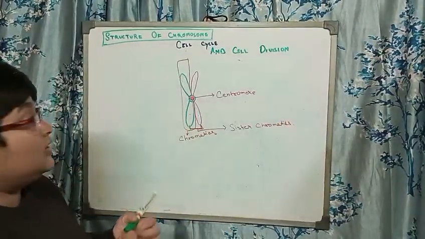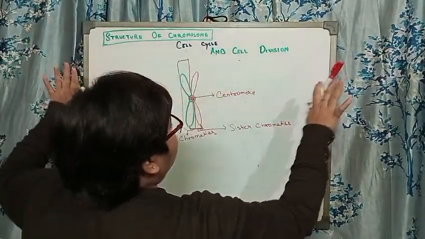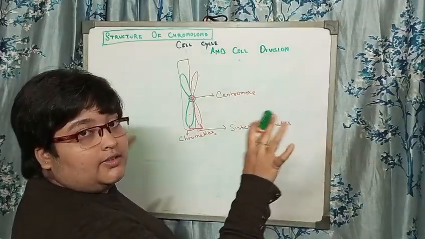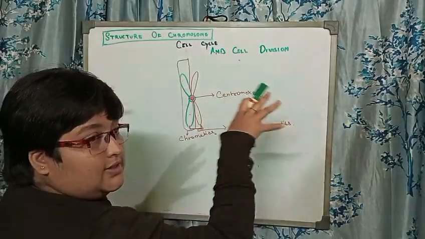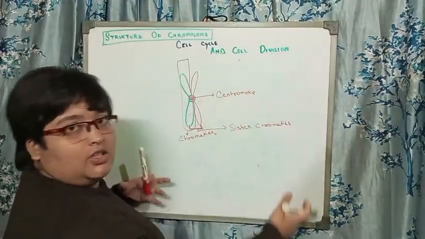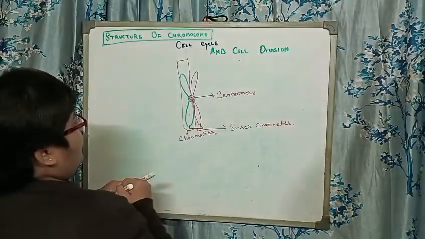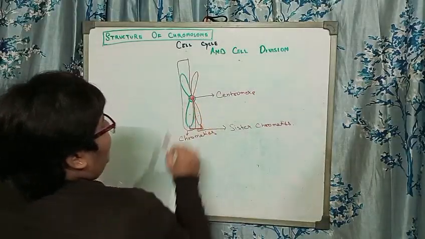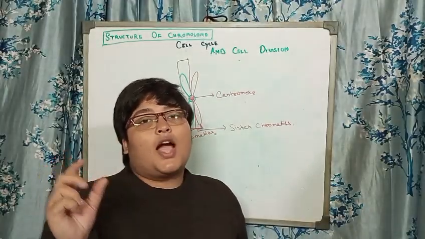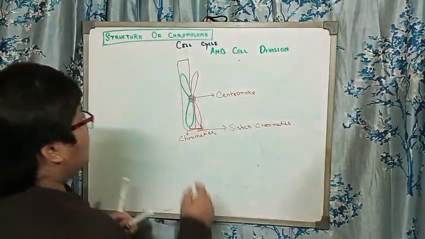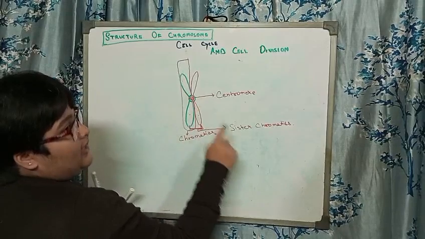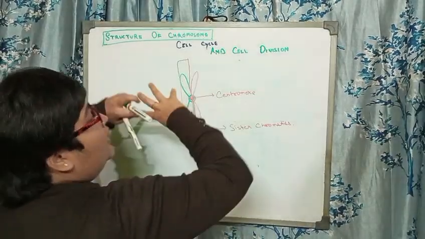During cell division, these sister chromatids move apart and they get distributed in the two new daughter cells that form as a result of the cell division. Fine. The centromere has a covering that is the kinetochore. This is the area where the spindle fibers attach and they contract.